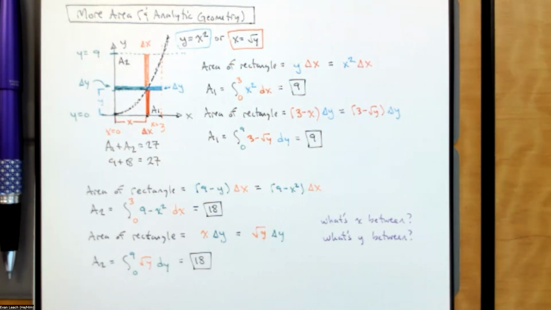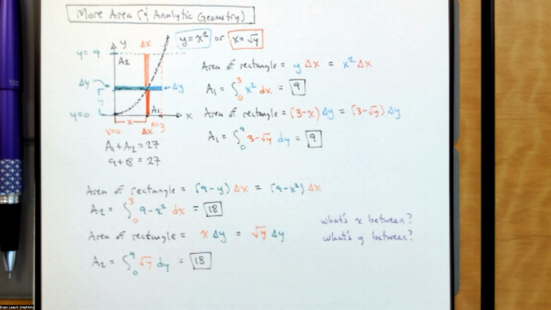When our shape is just a rectangle, x is between 0 and 3, and y is between 0 and 9, and it's always the same, then we just get to say 3 times 9, 27. If x is always between 0 and 3 and y is always between 0 and 9, then pretty simple.